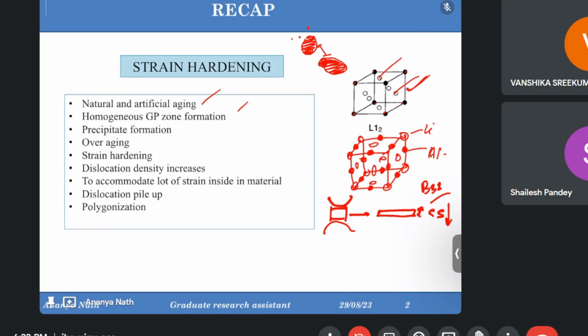For a particular lattice, there are some slip systems. I have mentioned this in my first class also.